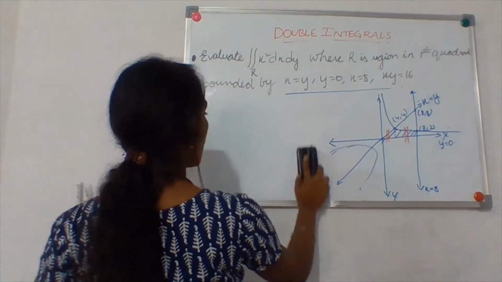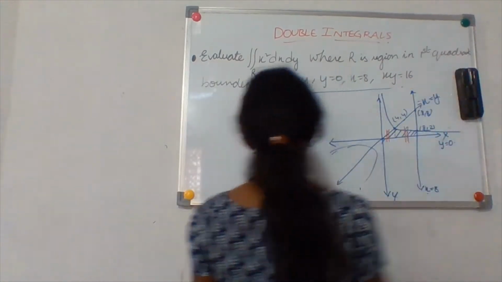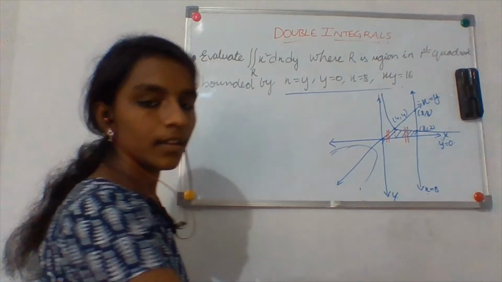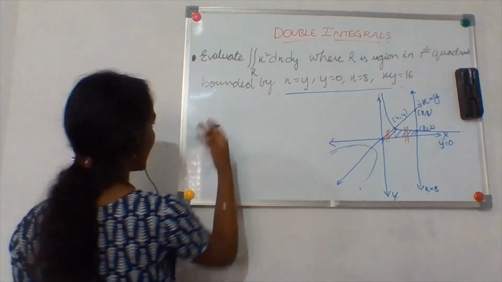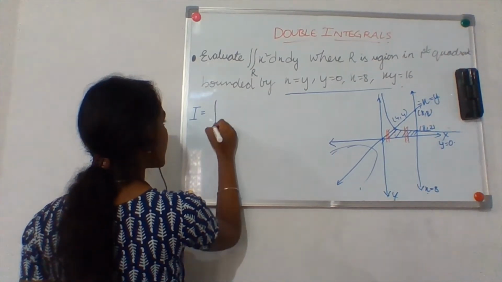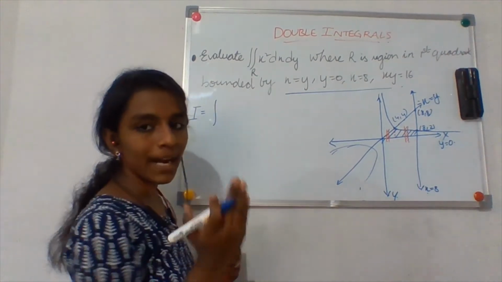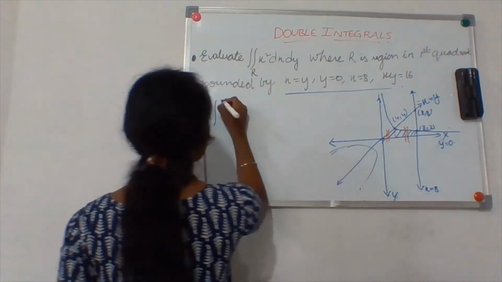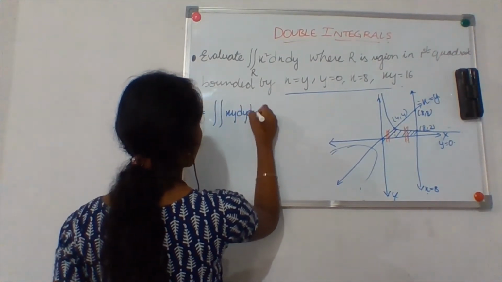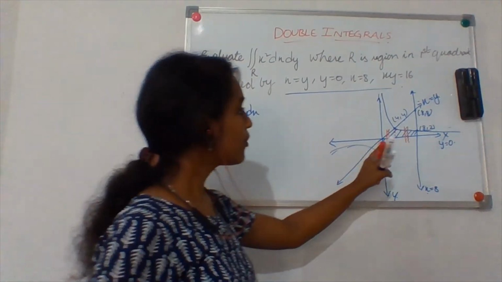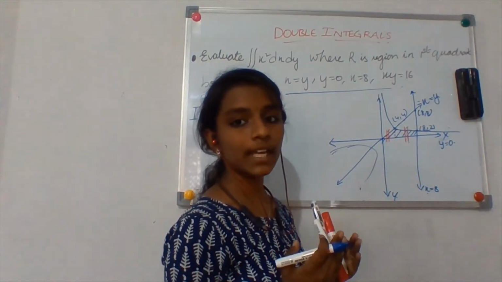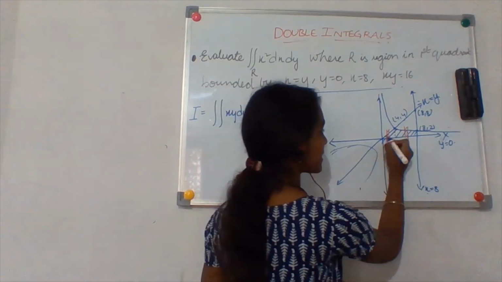And now what will this become? Now let me think that the required answer be I. So I is equal to the integral of, and I'll be getting two parts. At first, the integral of xy dy dx, with the limits of how the strip is varying with respect to the x-axis.